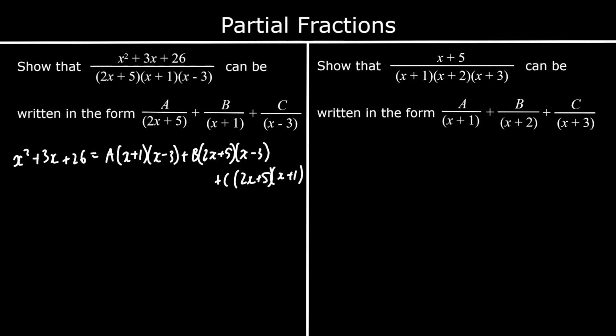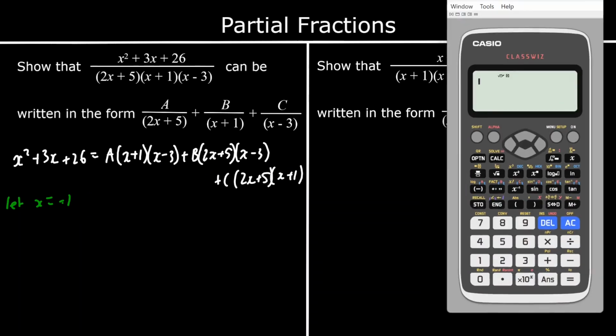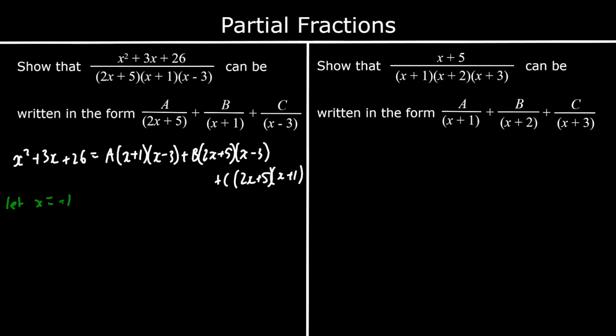And then we can let x equal negative 1 to eliminate a and c. So we'll have negative 1 squared plus 3 negative 1s plus 26, which is 24. And that will be b times 3 times negative 4, so negative 12b. b must be negative 2.